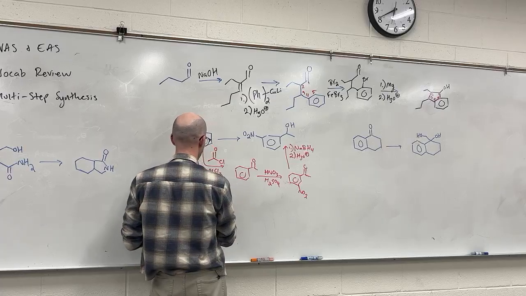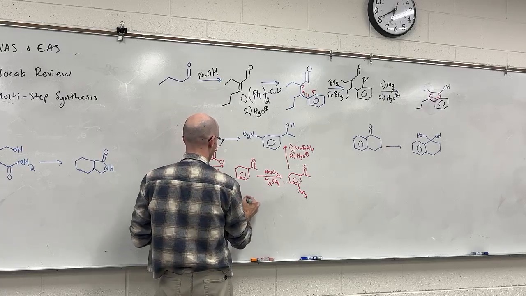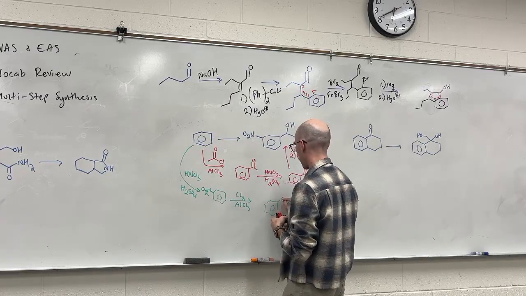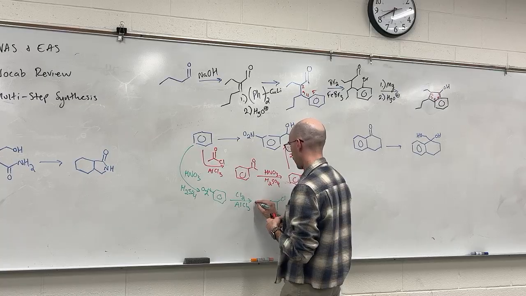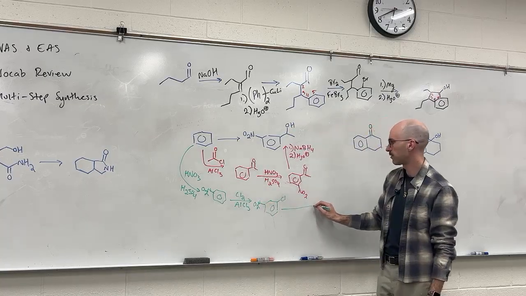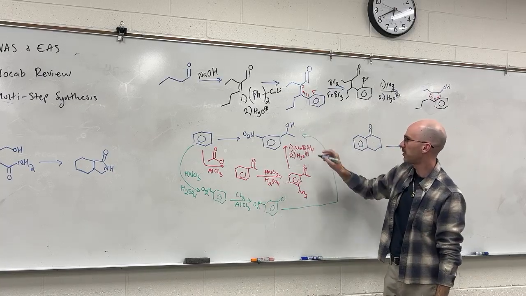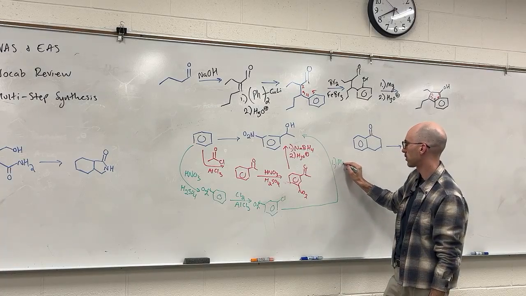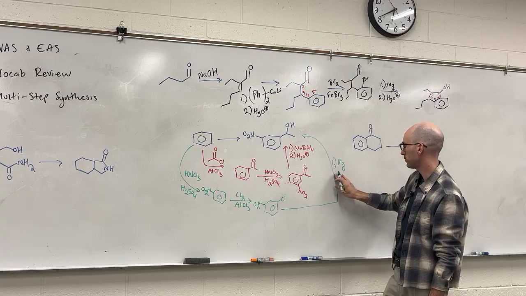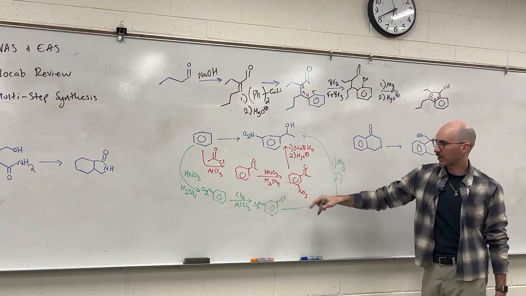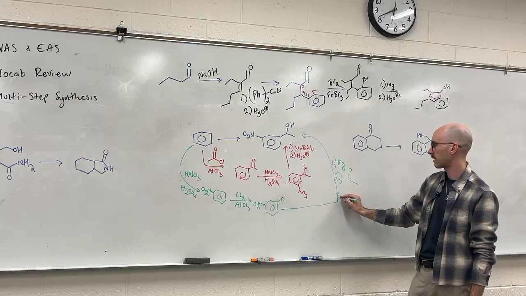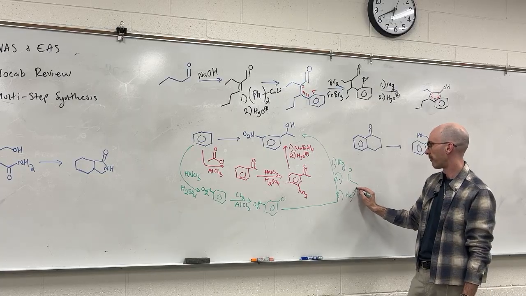After nitrating, chlorinate, because the nitro group will direct the chlorine meta to itself, and then do a Grignard attack. I'm just going to show this as one step. Make a Grignard out of that position and attack an aldehyde to create a secondary alcohol.